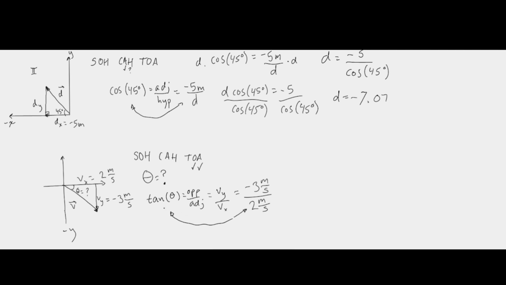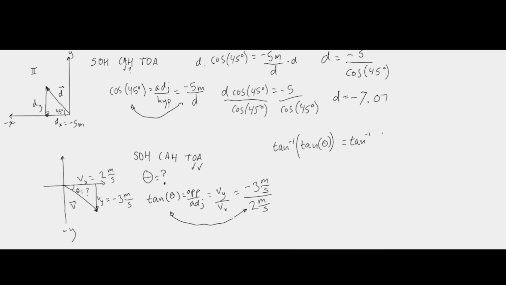And I need to now take the inverse tangent to get this theta here to pop out of the tangent function. So that looks like taking the inverse tangent of both sides, the inverse tangent of the tangent of theta. I took the inverse tangent of the left-hand side, so I have to take the inverse tangent of the right-hand side.